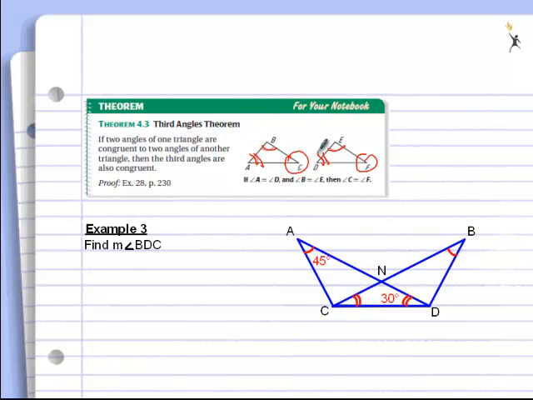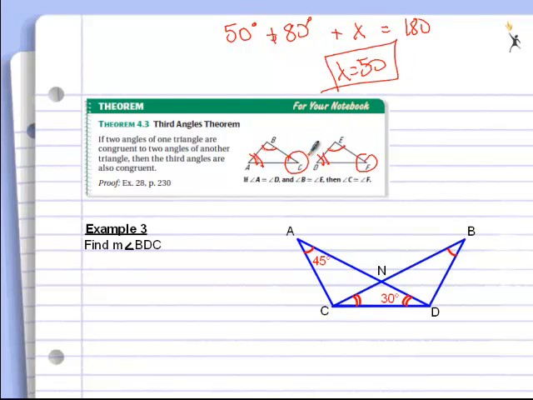Because if A and D are the same angle, let's say 50 degrees, and B and E are the same angle, let's say 80 degrees, then there's only one other angle that will get you to the 180 that the triangle has to add up to. You could solve it and find out what it is, but it's going to be the same in both, every time. If you know the other two angles are congruent, the third angles have to be congruent. Every time, all the time.